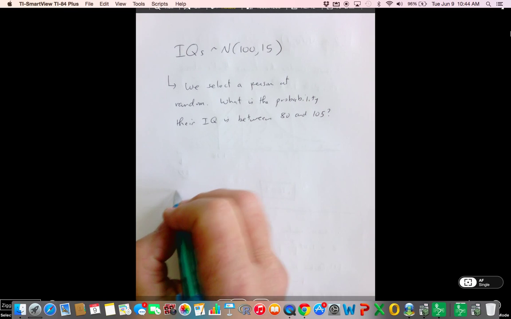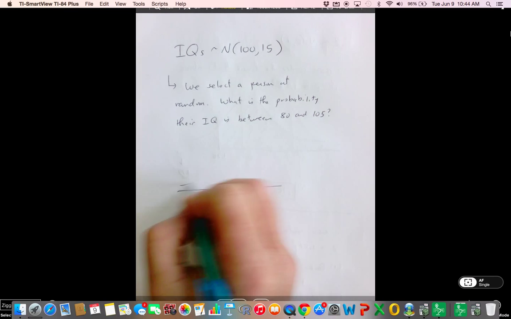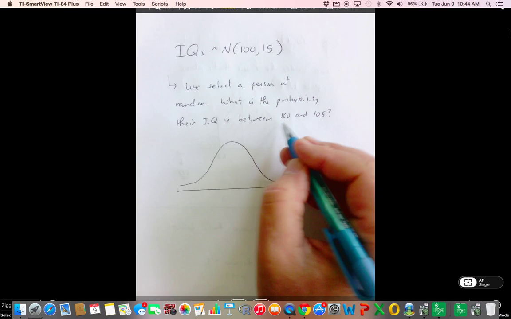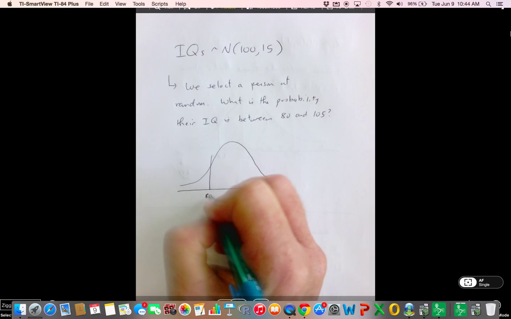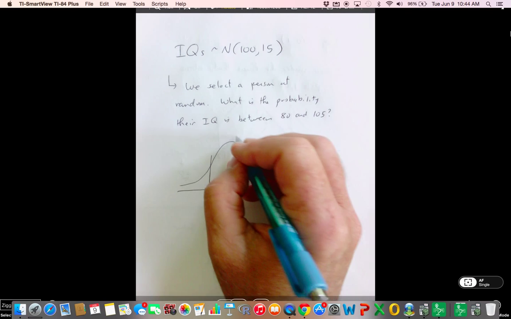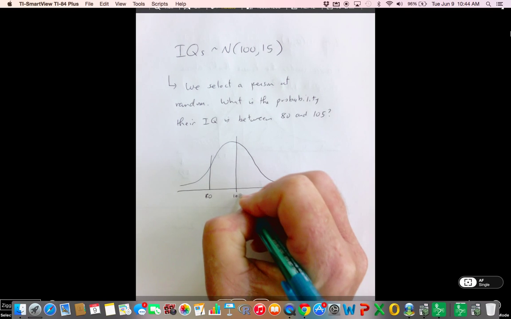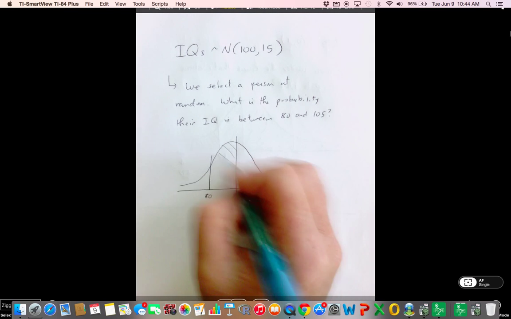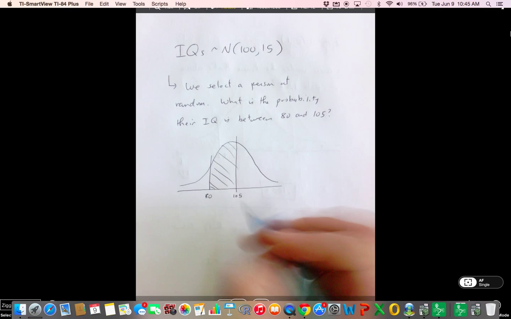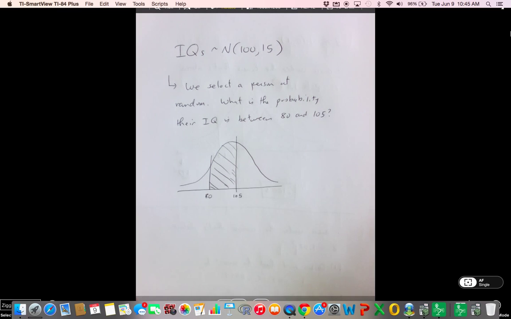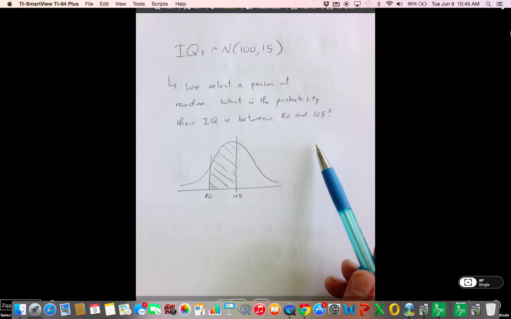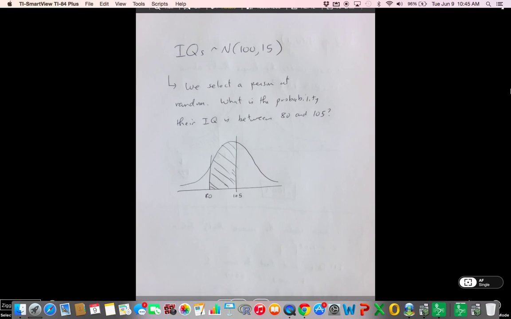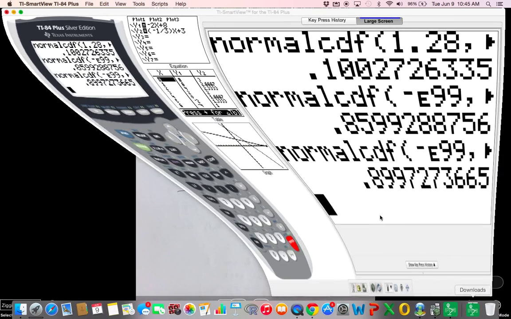So that's equivalent to asking in this distribution, and remember 80 is below the mean, so it's to the left of the center. 105 is slightly to the right of the mean because it's bigger than 100. So this question is equivalent to saying what part of the area under the curve, when the mean is 100, standard deviation 15, is between 80 and 105.